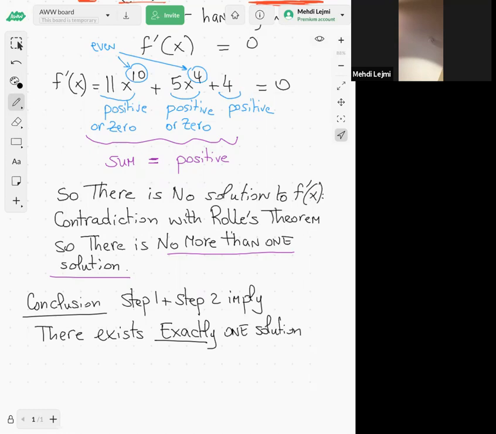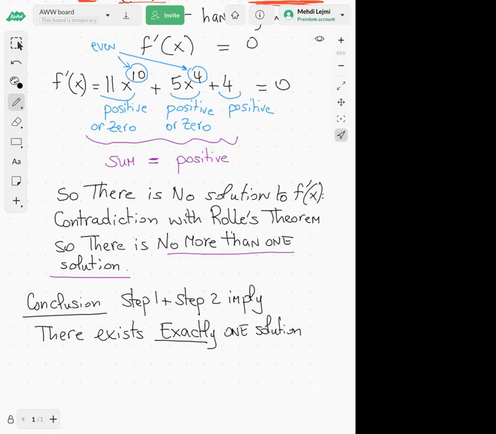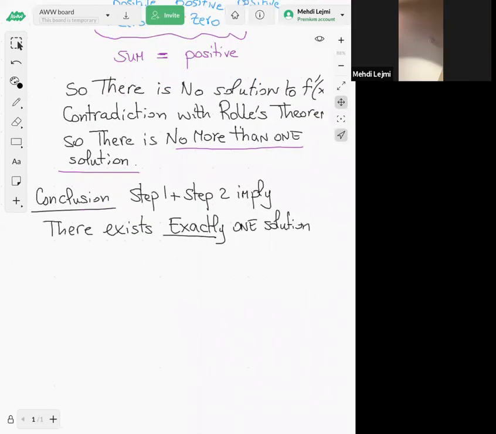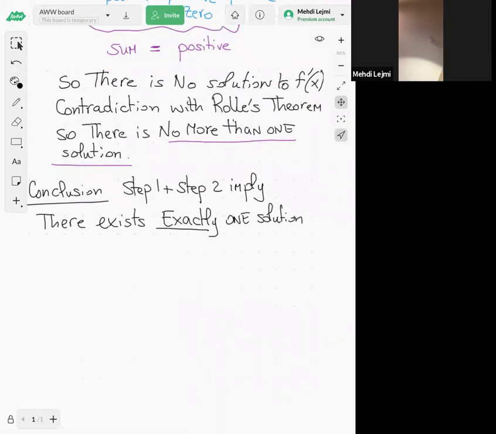If you use Rolle's theorem, you prove that there are no more than two solutions, or one solution, or no more than some number of solutions, right? So for problem 6, guys, just a remark: you only have to use Rolle's theorem. You don't need the IVT for problem number 6.